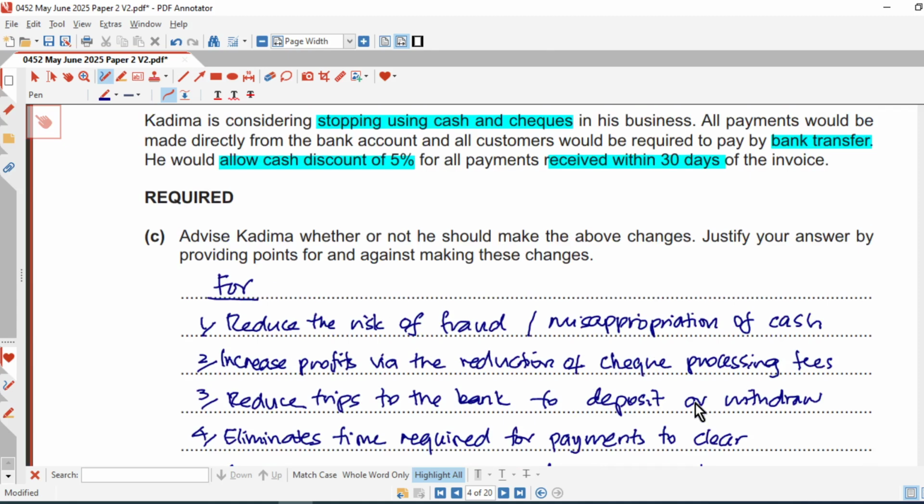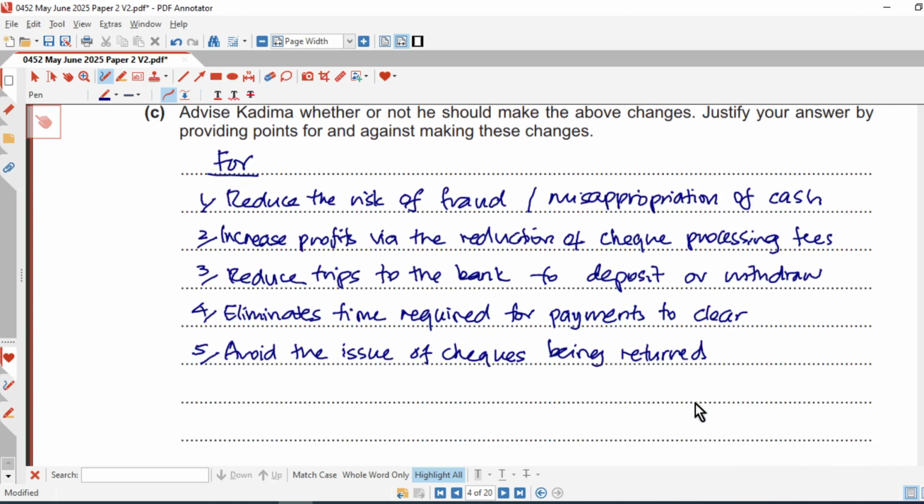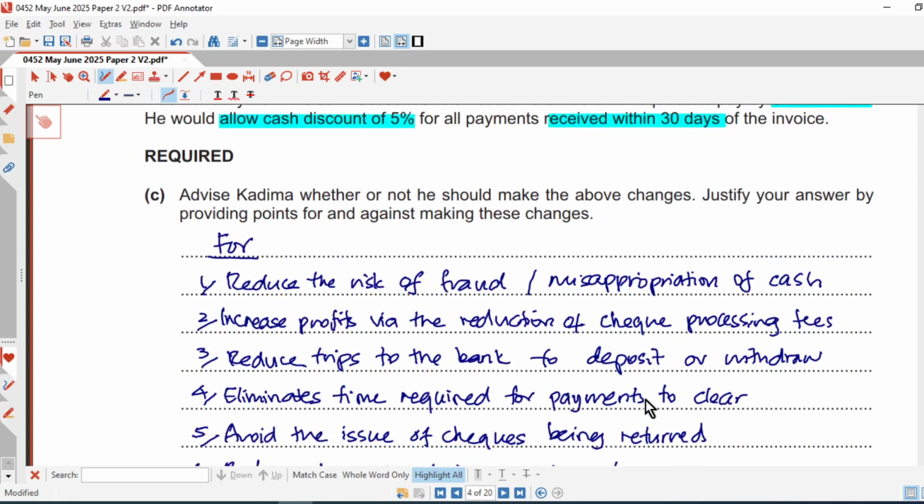Now, allowing a cash discount of 5%, what can you talk about? So it reduces the risk of irrecoverable debts. That should be very straightforward. Once I offer a cash discount, customers are going to pay quicker.